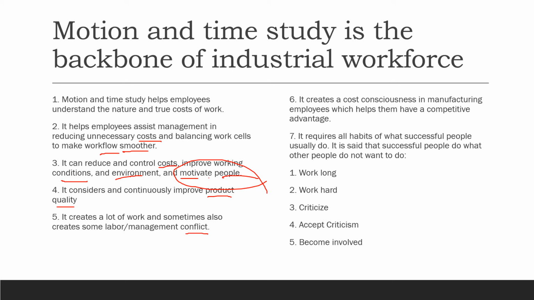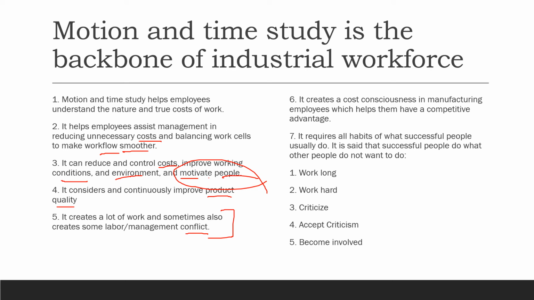Okay, this is negative. Why? Because this is the backbone of industrial workforce, and even if you're doing the management and monitoring, nothing is perfect in real life. It always depends on who's doing it and how the person is feeling, what kind of mission and vision the company has, and how management feels about it.